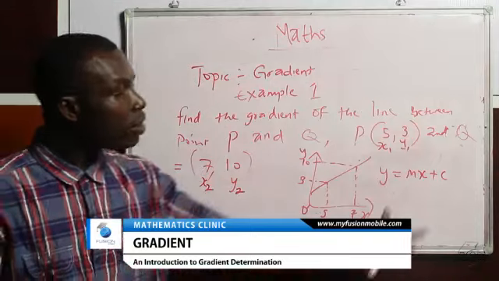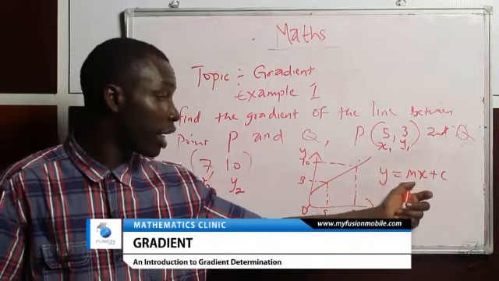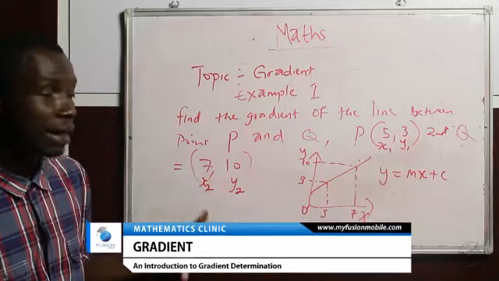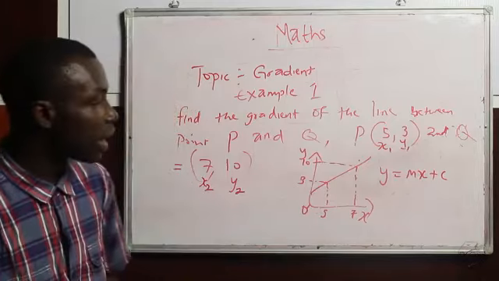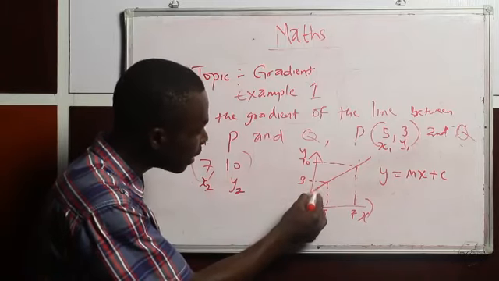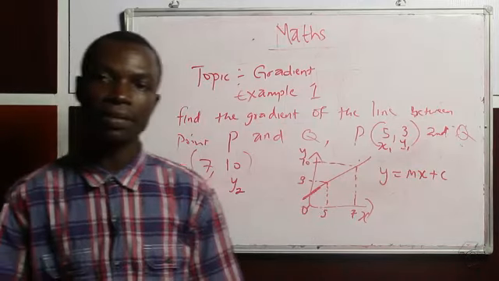Now, how does this satisfy this equation? If you plot a graph of y against x, your m, which we have shown is the gradient, then this c is telling us that there's an intercept, that is, an intersection at this point here that cuts across the y-axis.